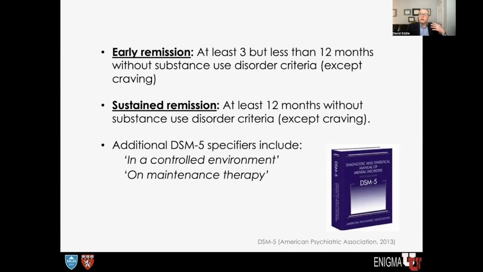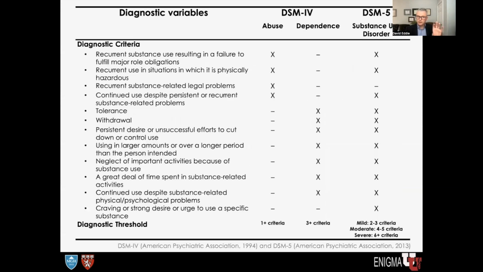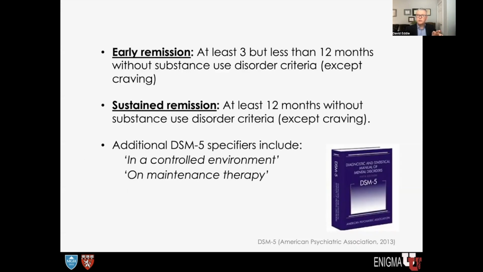So if somebody has received an SUD diagnosis, but it's been at least 3 months, but less than 12 months since they've met diagnostic criteria for substance use disorder, i.e. experiencing that list of problems, you would say they're in early remission. Now, important to note here, this does not relate to substance abstinence or quantity of substance used. It's just that an individual no longer meets diagnostic criteria.